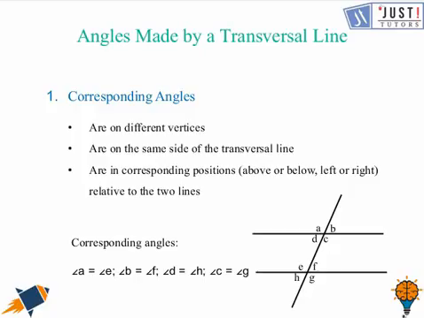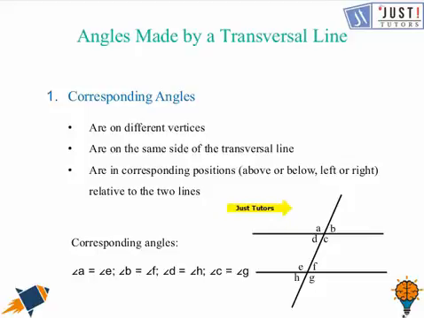Now let's move ahead with angles made by a transversal line. So the first angles that we have here are corresponding angles. In this case, corresponding angles are on the same side of the transversal line. So always corresponding angles will be on the same side and are in corresponding position. So it will be like above or below, left or right, relative to the two lines.